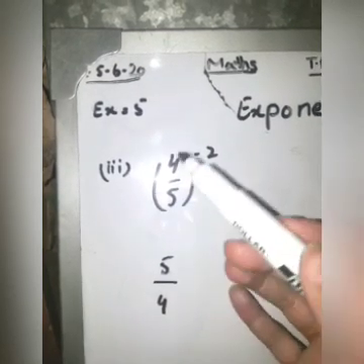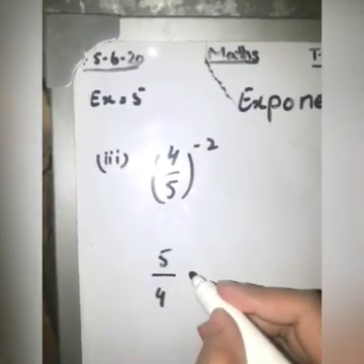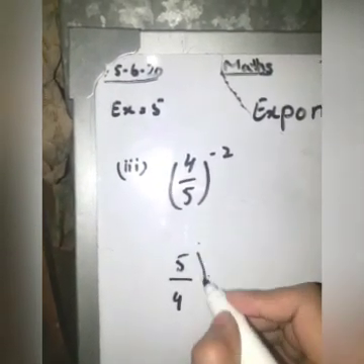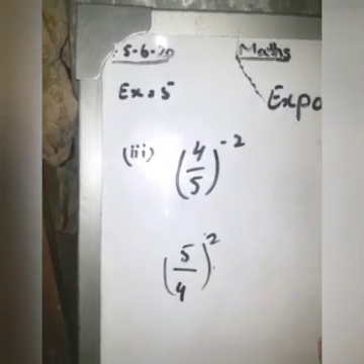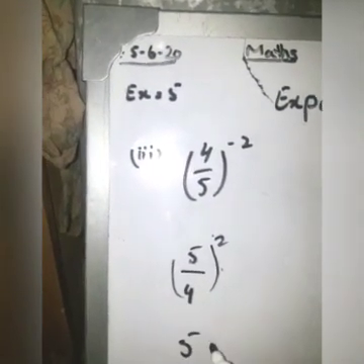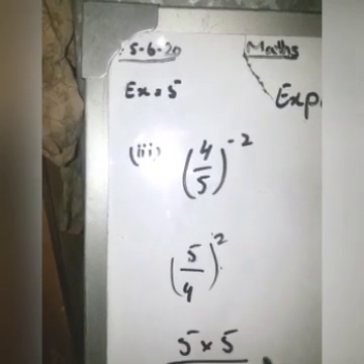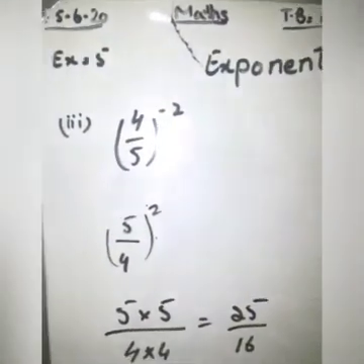The denominator becomes the numerator and the numerator becomes the denominator. So it will become positive. Now 5 multiplied by 5 over 4 multiplied by 4, 25 over 16 is the answer.